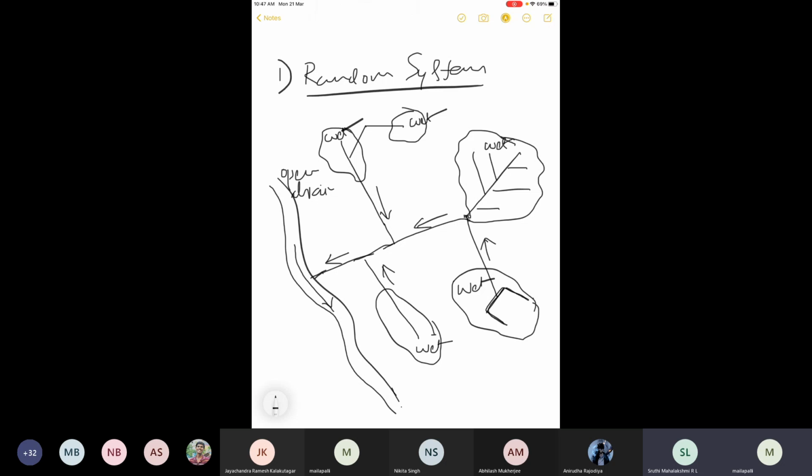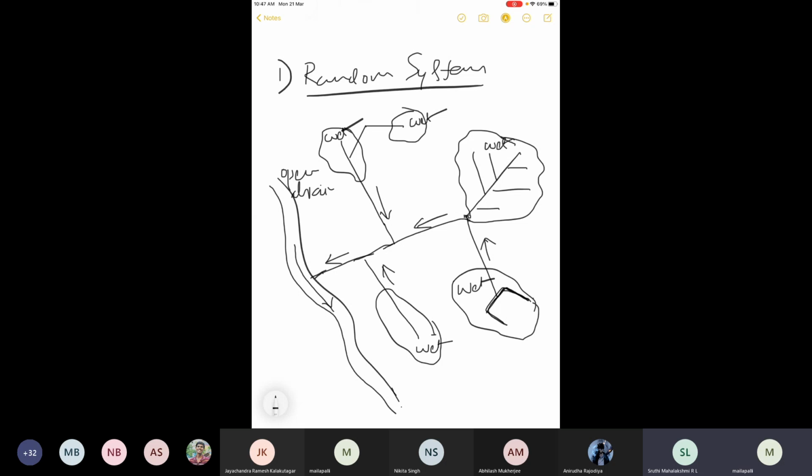See, all the laterals we are showing here may not have the same diameter, right? So based on the size of the wet spot, the collection pipe diameter would be designed.